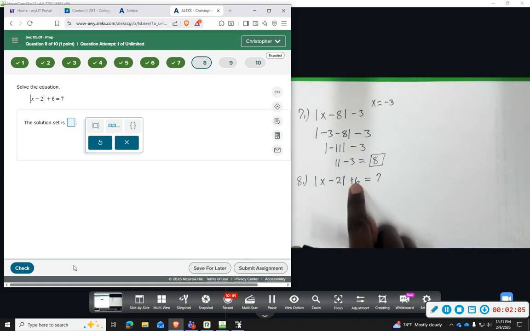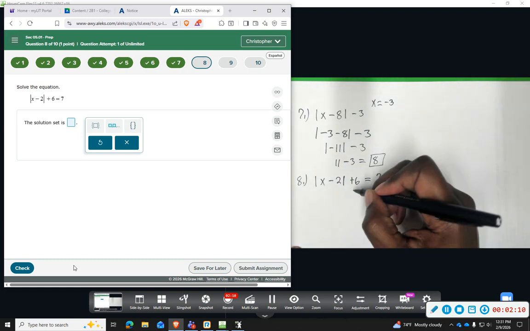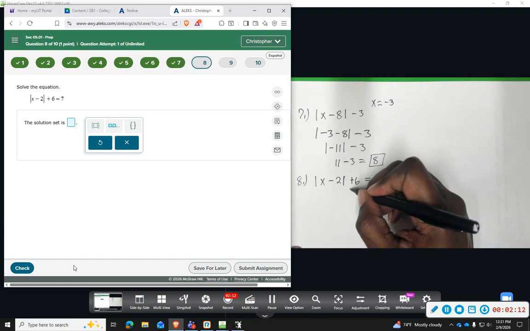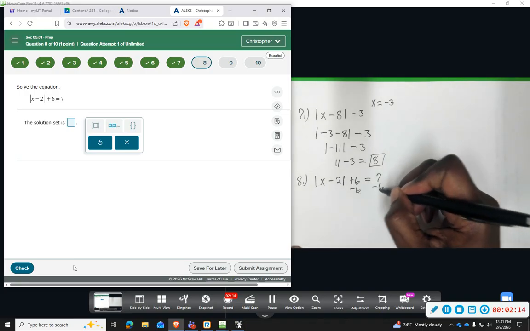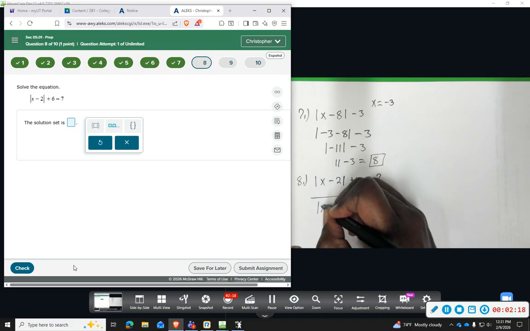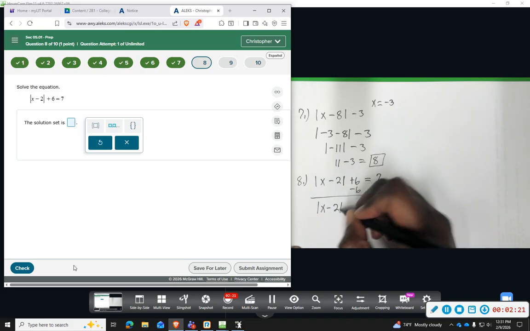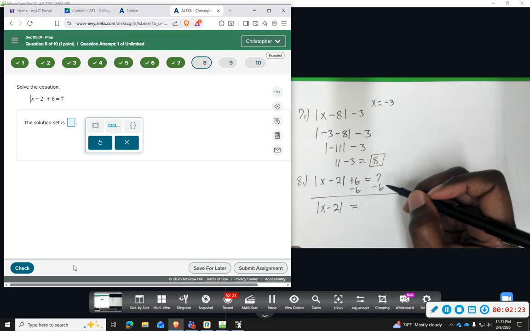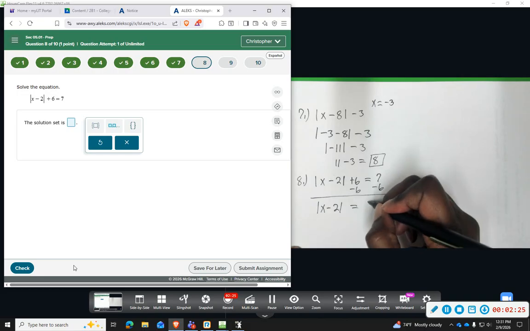So this loose 6, I need to move it away from the absolute value. So I'm going to subtract 6 from both sides of the equal sign. Bring down the absolute value of x minus 2, and that is going to equal a positive 1.